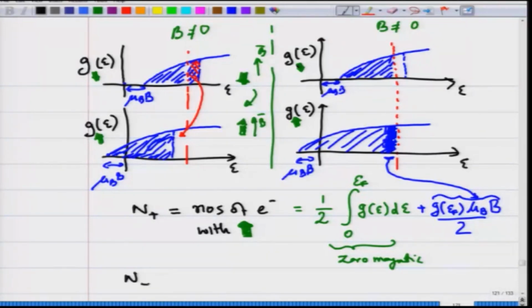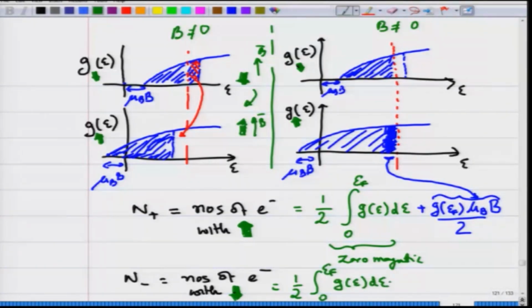So, N minus is the number of electrons with magnetization pointing in the downward direction with respect to the magnetic field, and this is equal to again half, zero to EF, G of E dE. This is nothing else but N by 2.